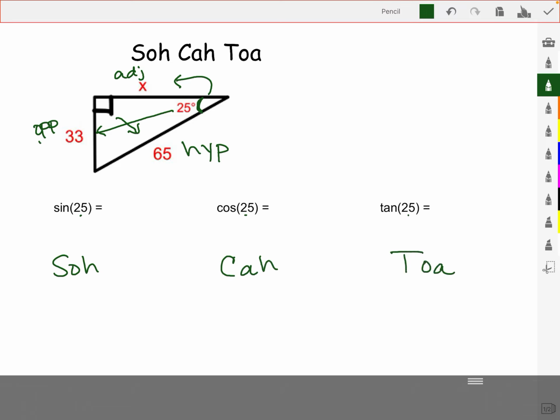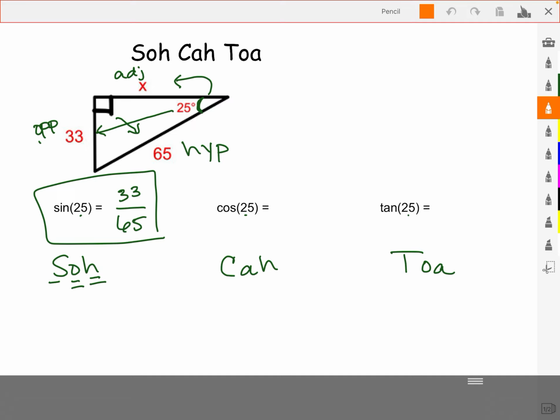SOHCAHTOA. So SOH stands for sine, opposite over hypotenuse. Opposite is 33. Hypotenuse is 65. Cosine, I'm going to use CAH. So cosine is adjacent over hypotenuse.